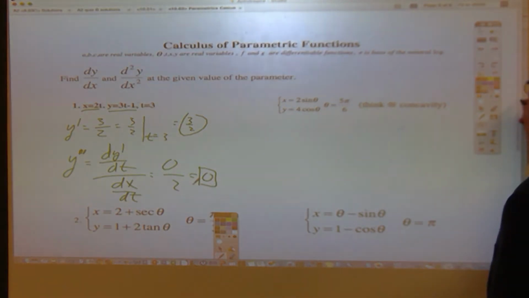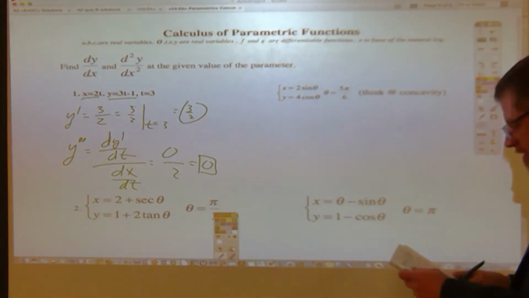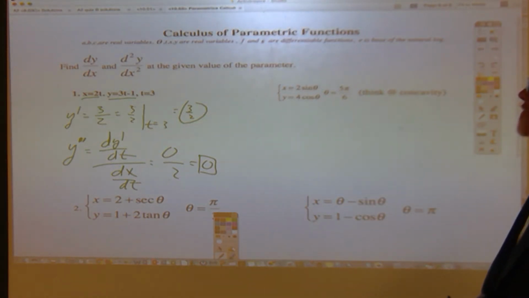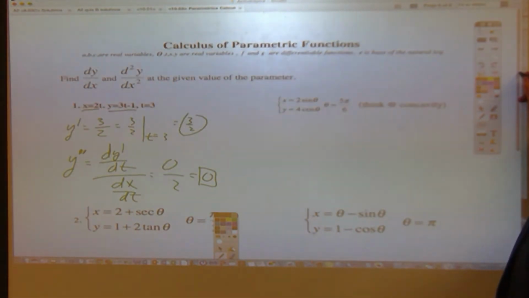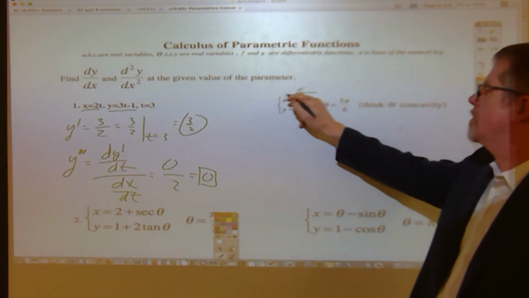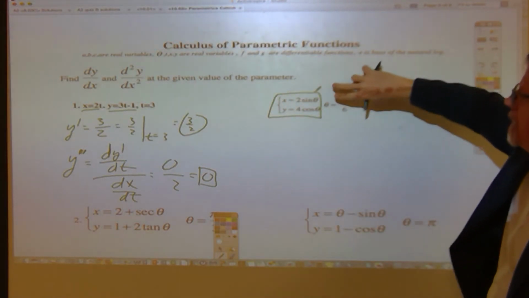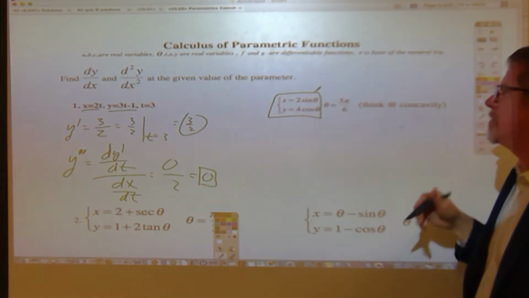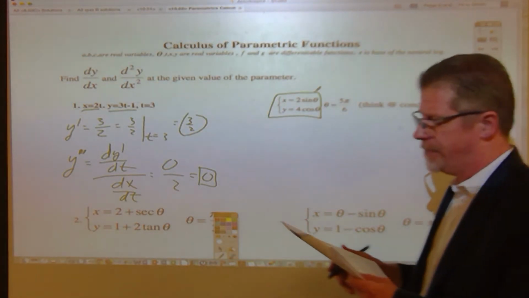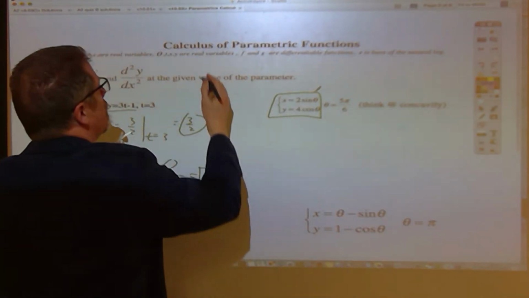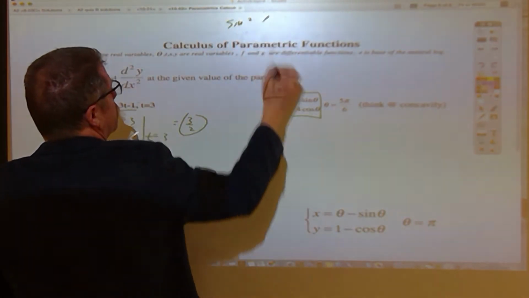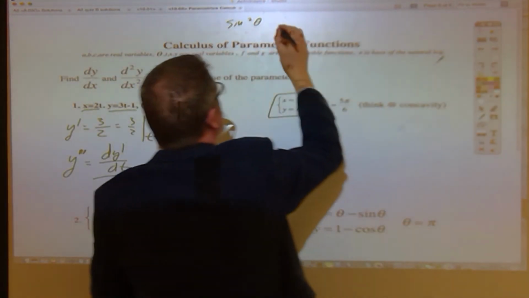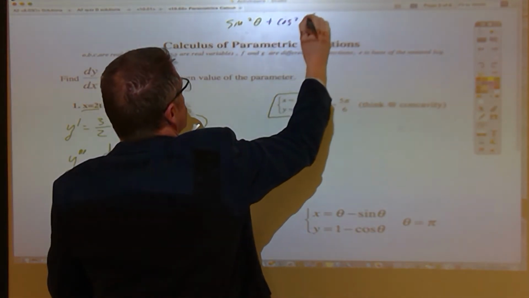So instead, to look at something more interesting, let's take a look at this parametric function, which, by the way, if you look at it in terms of the real world, hopefully you see that this is an ellipse. It's not a hyperbola. If you were to eliminate the parameter, which I'd like us to do up in the margin, based on what we learned yesterday, we should be able to eliminate the parameter here by writing sine squared theta plus cosine squared theta equals 1.